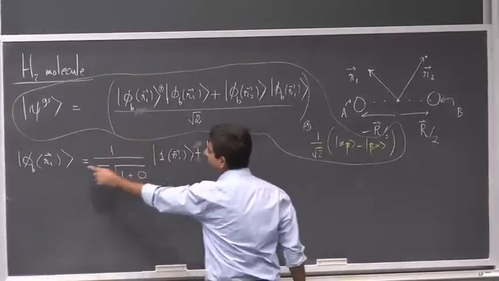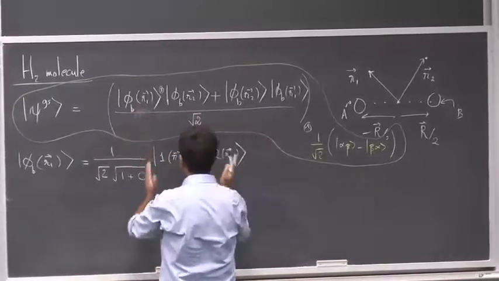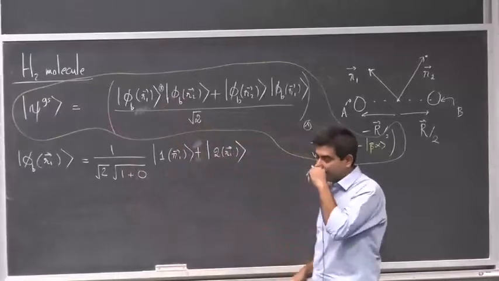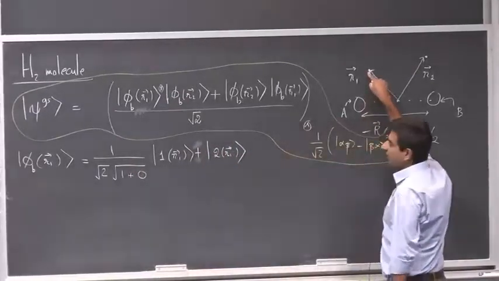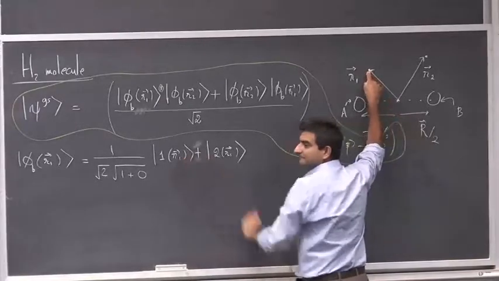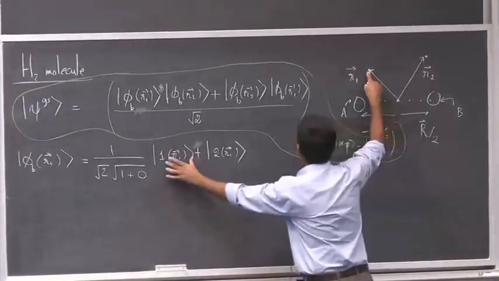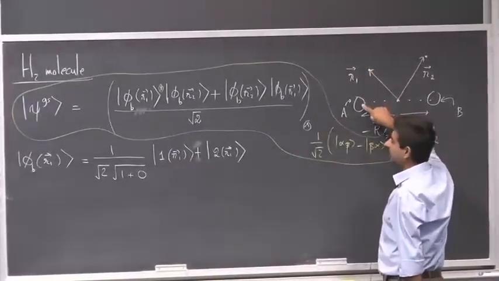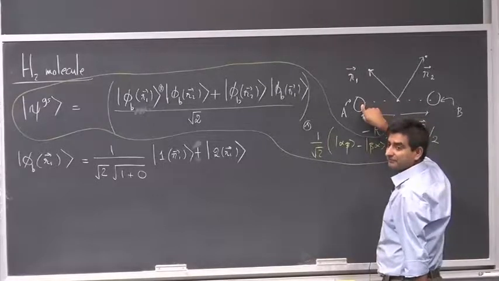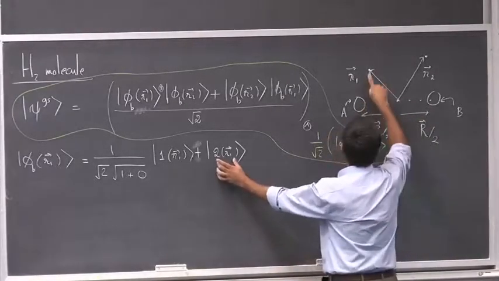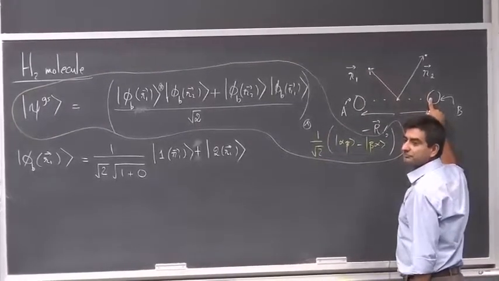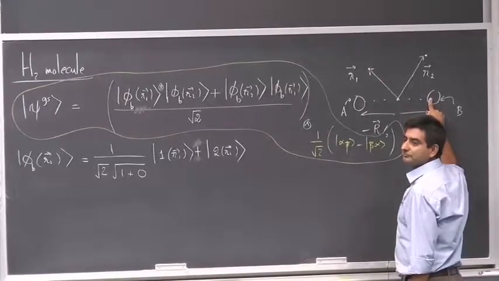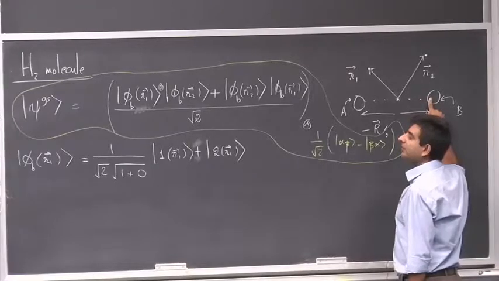So wherever this occurs in here, I can put this in. What does this mean? This means that I have an electron at position r1. This term means that this electron at position r1 is attached to nucleus 1. This means that the electron at position r1 is attached to nucleus 2. Okay? Let me repeat this.